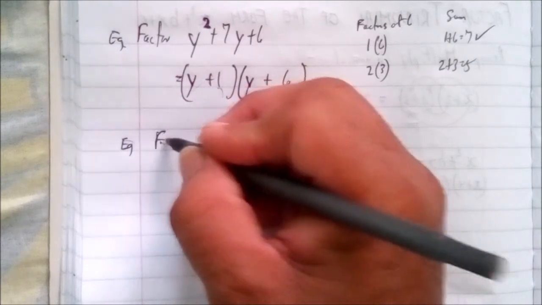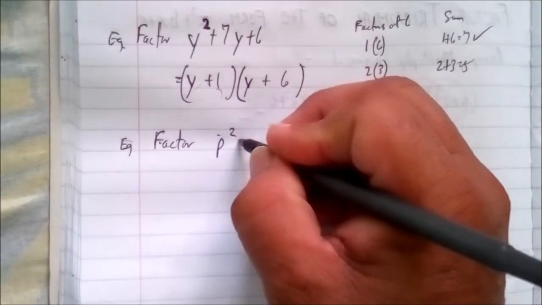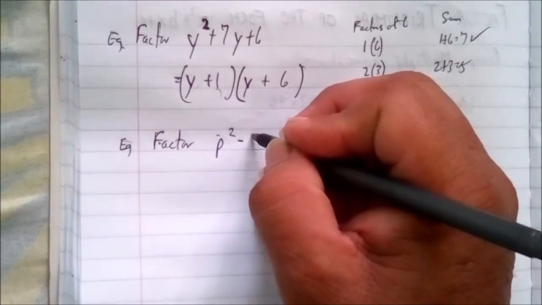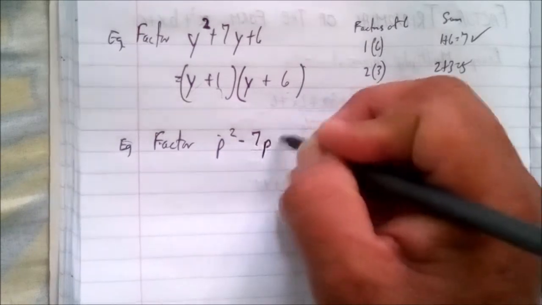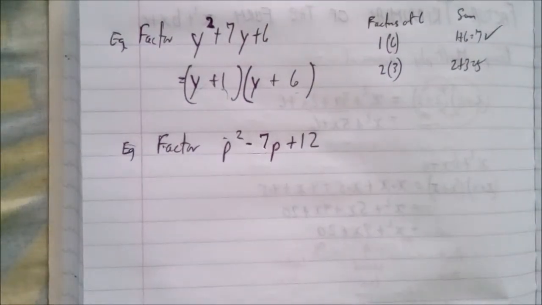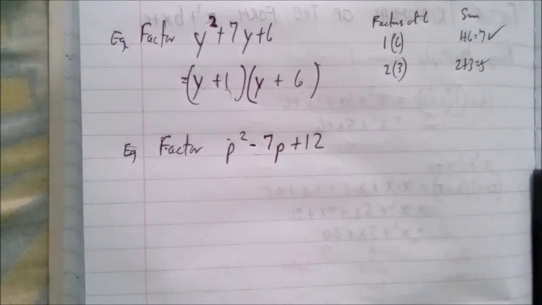I have to factor, and let's say I have p squared minus 7p plus 12. Okay, a negative sign. Very important, you need to remember that a negative times a negative will give us a positive. A negative times a positive will give us a negative.